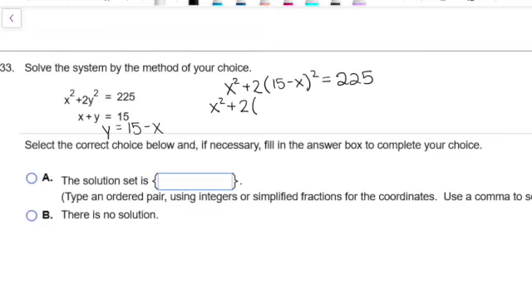Please do not forget to FOIL, multiply, however you think about that, to get 225 minus 30x plus x squared. And then got to multiply that. Oh, it still equals 225.